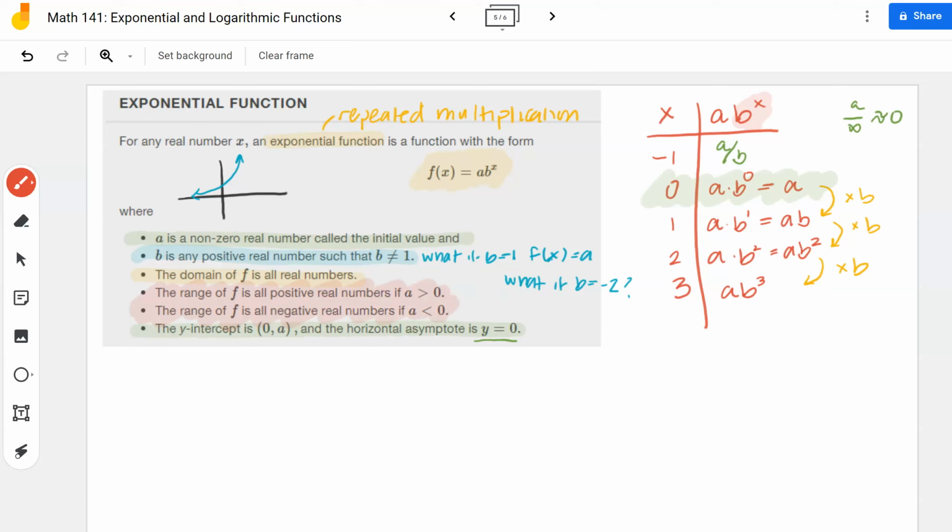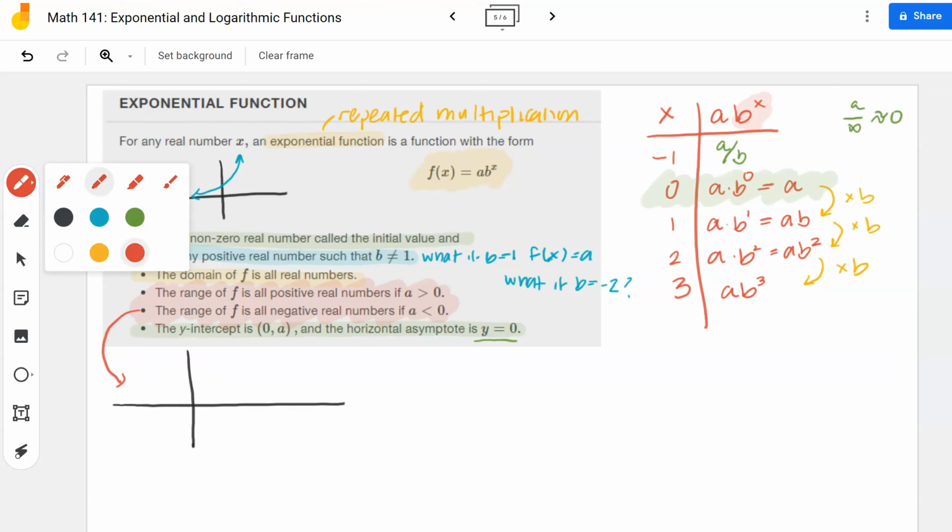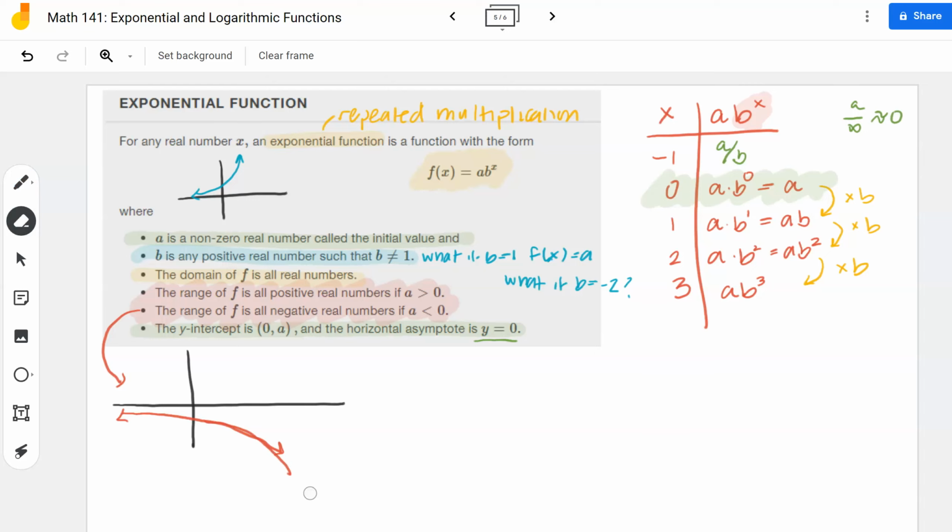But if our a is negative, this last bullet point, think about our transformations: we're going to end up with a reflection over the x-axis. So we're going to see something like this that is not nearly exponential enough. Let me make this look a little more exponential on this high end. We're going to see something like that, where as our end behavior, as x goes to infinity, our f of x, or our y, is going to negative infinity.